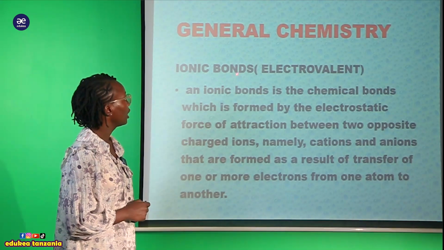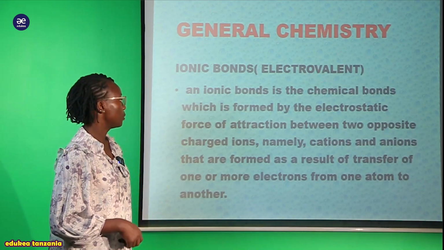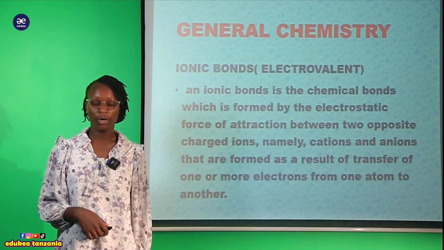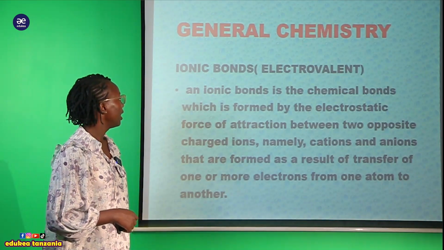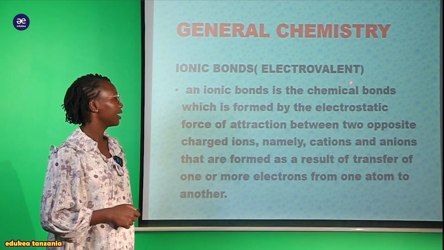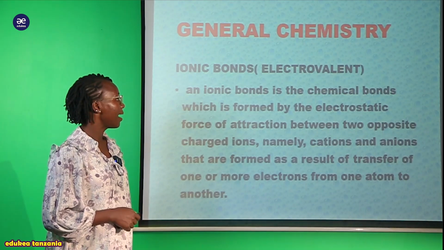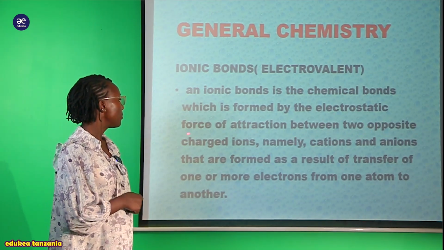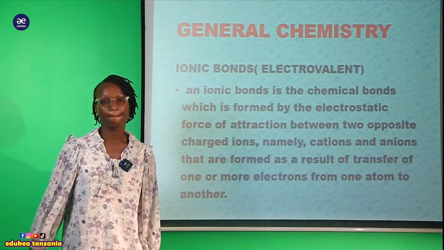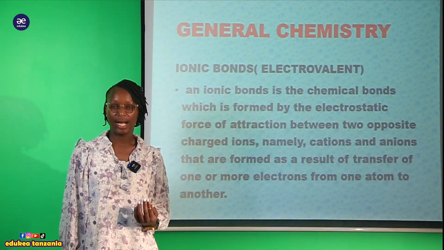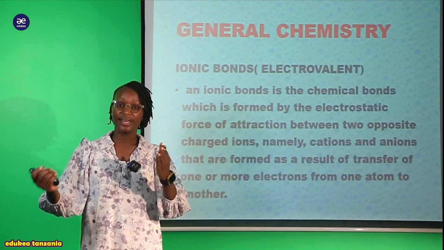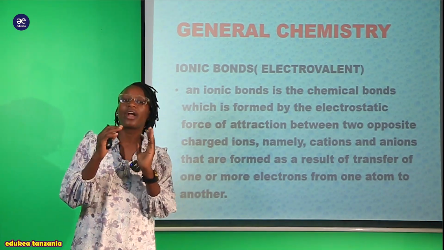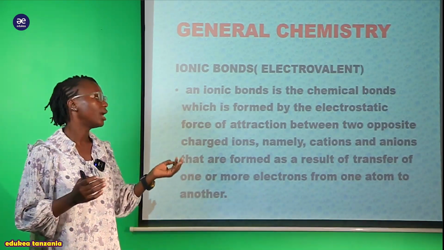When we talk about the electrovalent bond or ionic bond, simply this ionic bond is a chemical bond which is formed by electrostatic force of attraction between two oppositely charged ions. As I remember, this is A level. You see that even the definition has become a bit complicated, but here we have just tried to give the overall general meaning of the formation of this ionic bond.